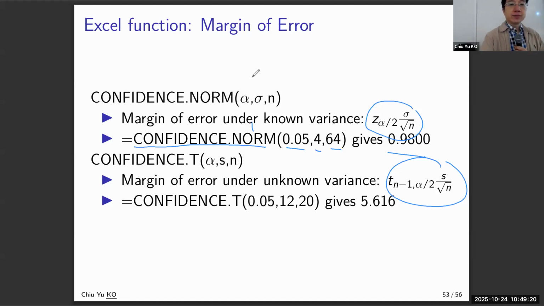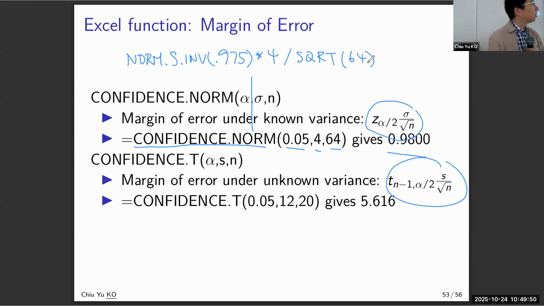So this is just saying NORM.S.INV of 0.975 times 4 divided by the square root of 64. Right. Let me show you the Excel.